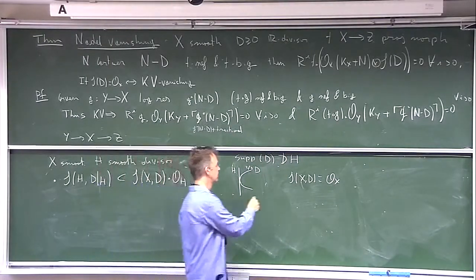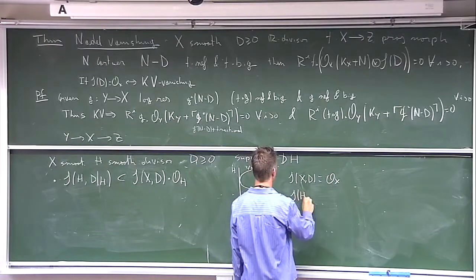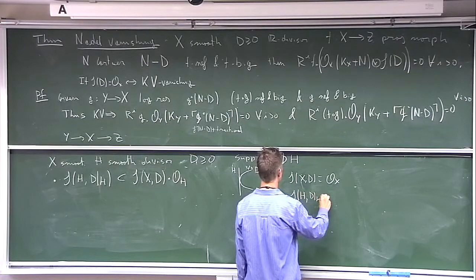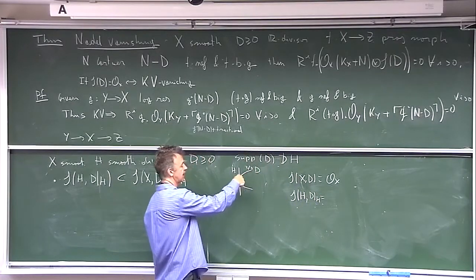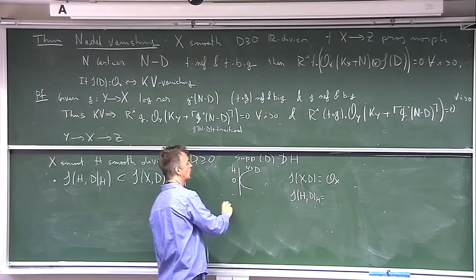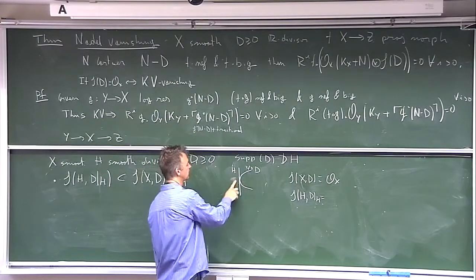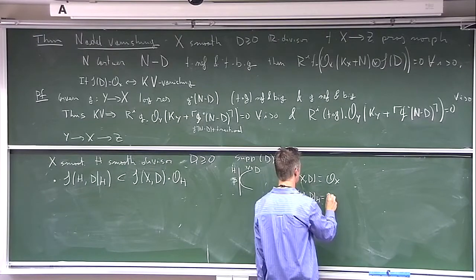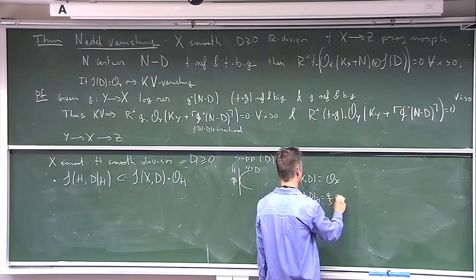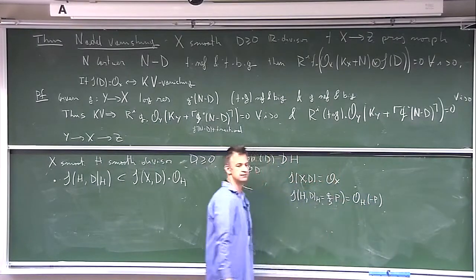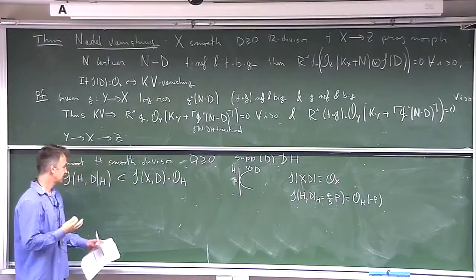But the left-hand side is the multiplier ideal sheaf on H of D restricted to H, which now, since it's tangent, when I intersect it, I get this point, let's call it P, with multiplicity 2. This has coefficient 2/3, so this is a multiplier ideal sheaf of 4/3 times this point, so this is just O_H minus P. I have to round that down. So the inclusion can indeed be strict.